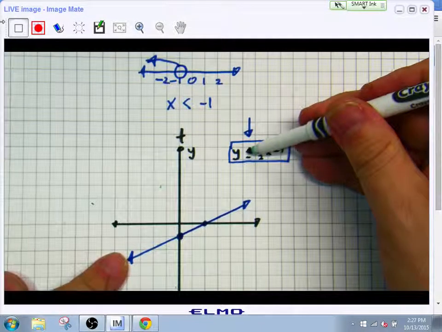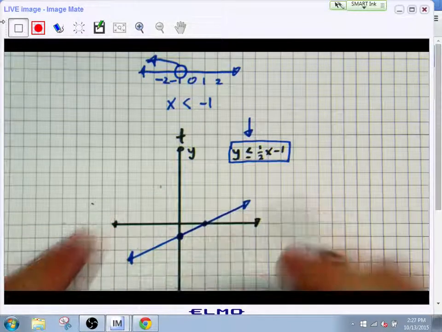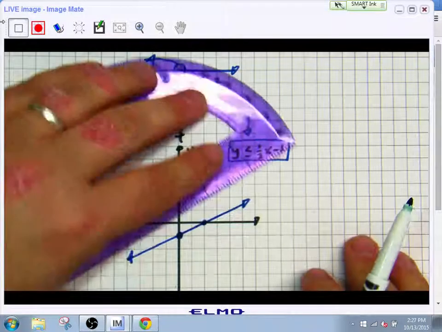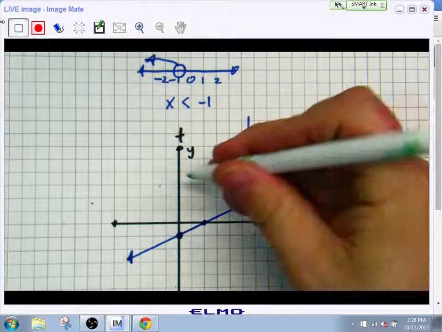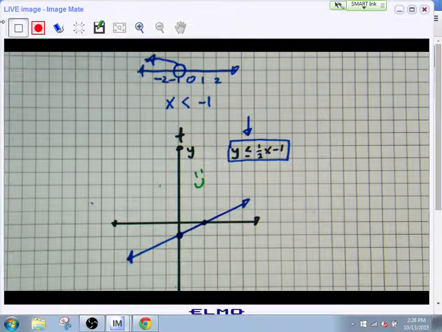So where is y less than the blue line? Is he less than on this side of the line, or is he less than on this side of the line? I'll call this the green side. And I'll call this the red side.